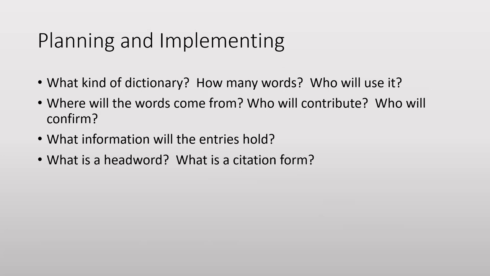In that case, you don't want to make it so hard for them when they're trying to find a word. You don't want to make it very abstract. And I'm being very abstract right now because you may not understand what I'm talking about because you haven't been thinking about dictionaries the way that I have for the past several weeks.